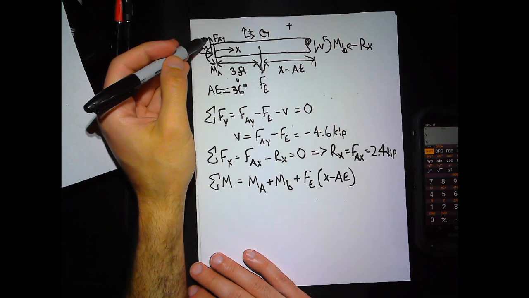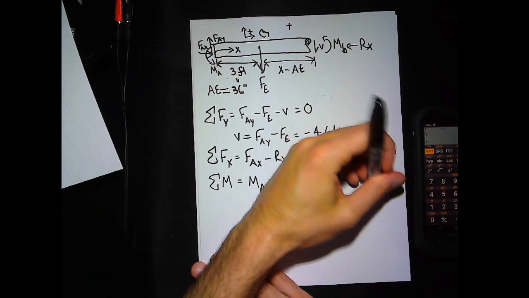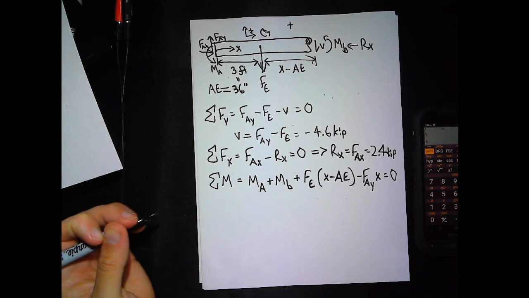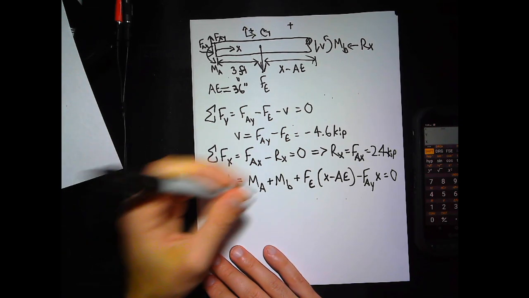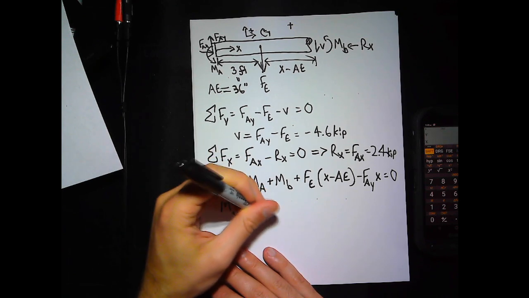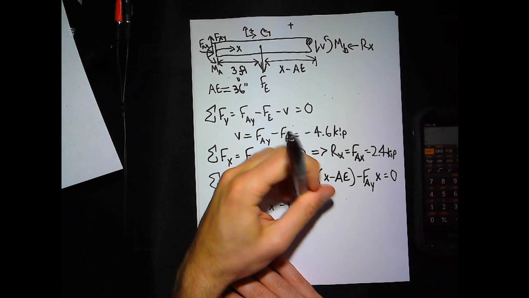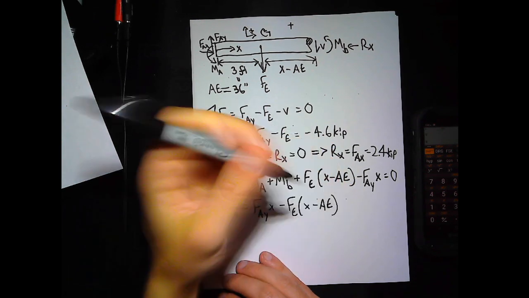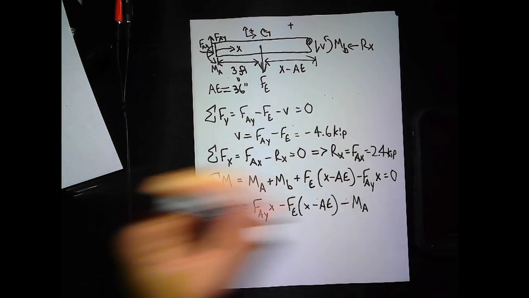And then I have FAY, make it a negative moment, X away from the section. So there we go. All right, I'm solving for bending moment. So MB, so that's what? FAY X minus FE times X minus AE minus MA.